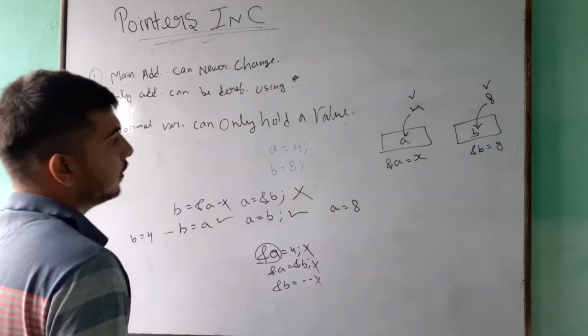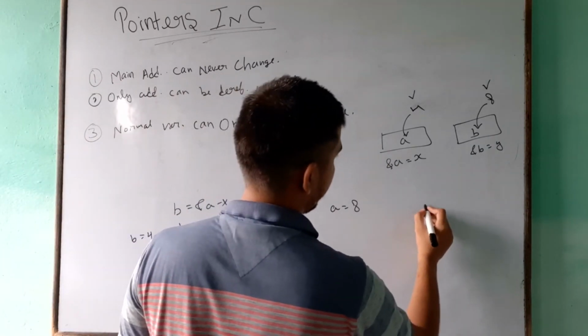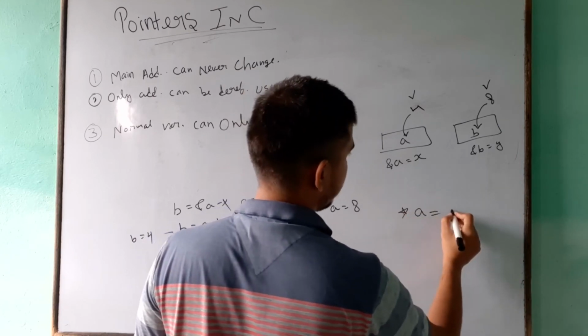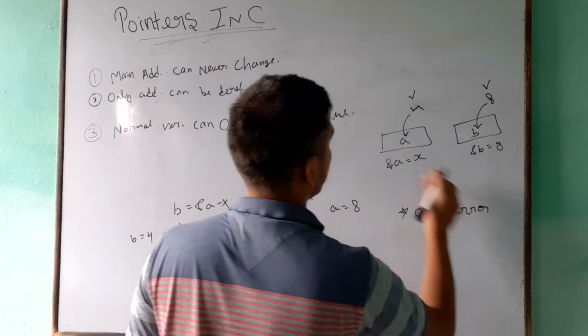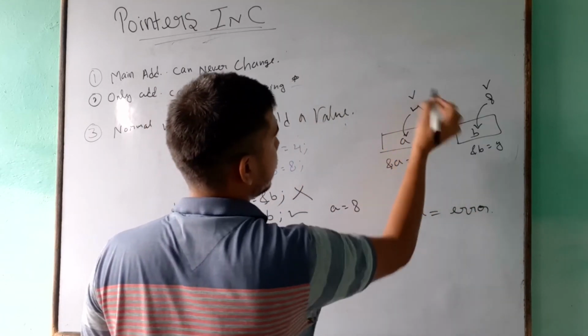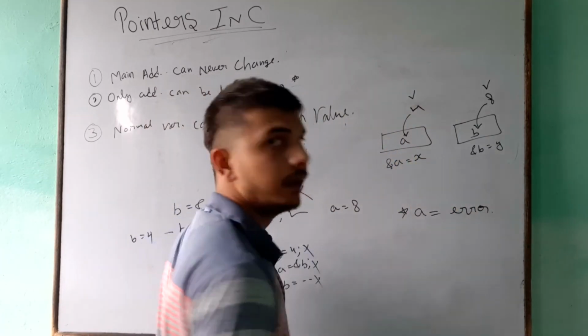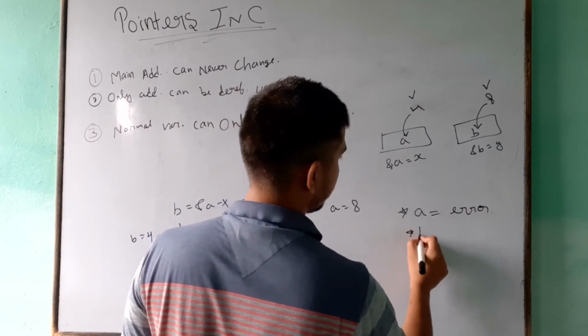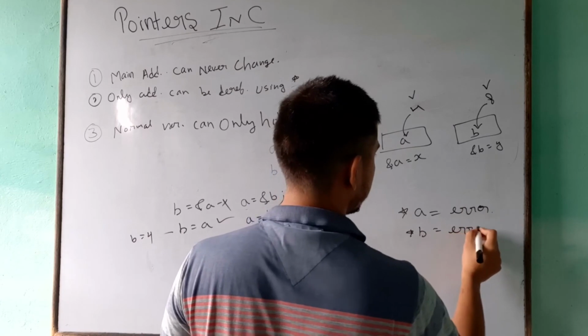Now let's see dereferencing. If I am writing asterisk of a, what will it give me? It will give me an error. Why? Because a is a value here, and a value cannot be dereferenced. If I write asterisk of b, it will again give me an error, for the same reason.